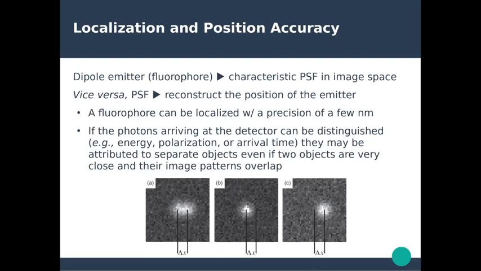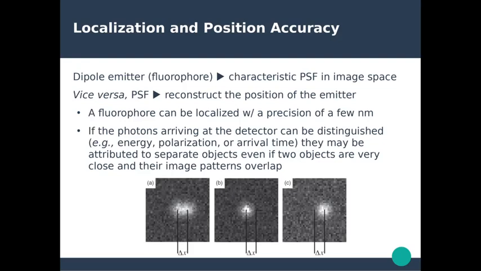So this is a simple example. If you have an unfiltered image from the detector, if you see a large blob like this, you cannot know that you have actually two molecules in this small region that are being imaged. But if you filter the polarization of the light emanating from those two molecules with two polarization states, you can actually separate one from the other.